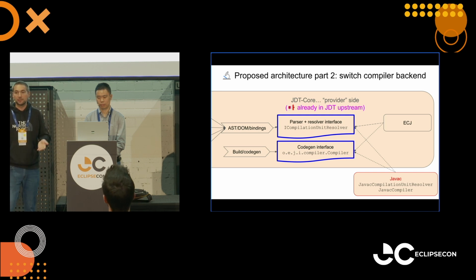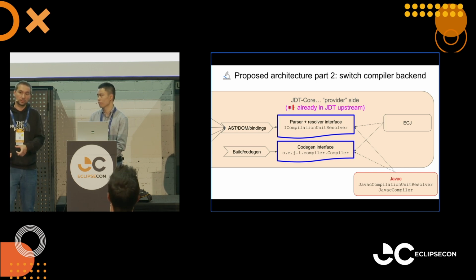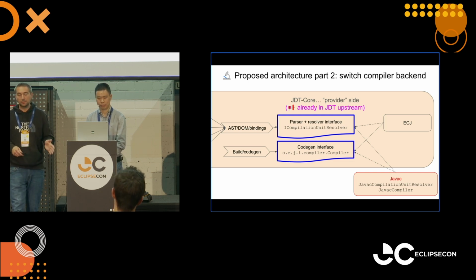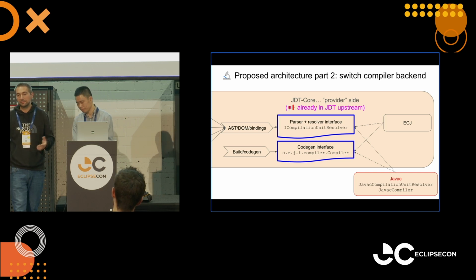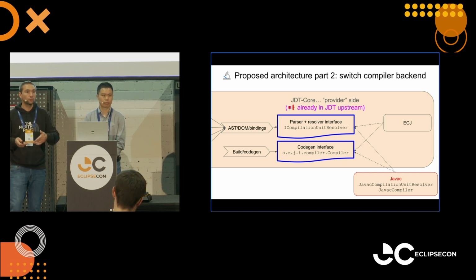The default one would still be ECJ, the one in JDT core currently, but we already have an implementation of this interface for Javac, which is in another bundle, and we can already build the DOM bindings and the AST using Javac. And the next is not a new interface, it's just using the compiler interface that already exists in JDT, using a Javac implementation to create the class files.